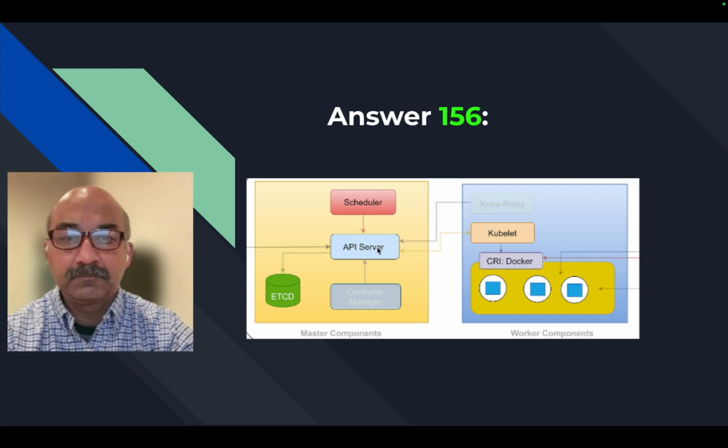The API server writes that into etcd, saying we're about to run the pod on node number 5. It goes back and tells the scheduler to go ahead and do it. The scheduler tells the kubelet daemon running on worker node 5, hey, run this pod and let me know when you've got it.